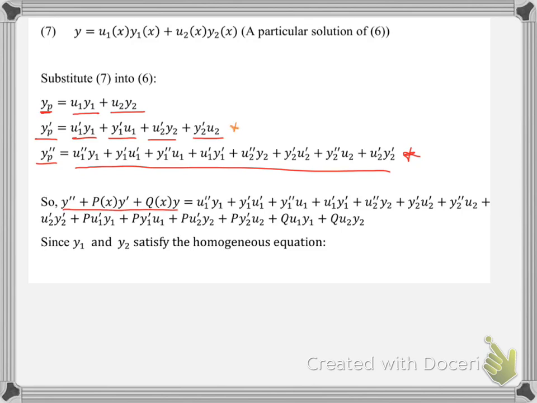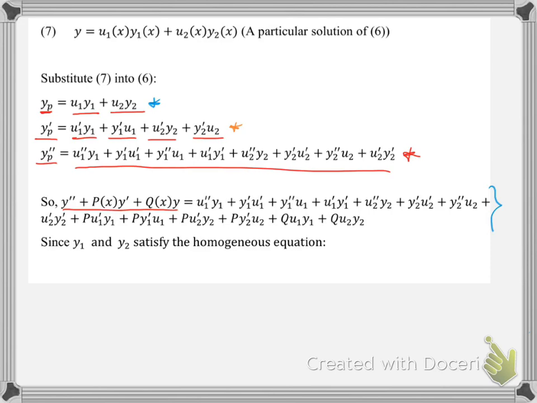And then y prime, we will multiply all those terms by p. And then y is just going to be multiplied by q. And so here is our end result here. Okay. And I didn't write everything down because I wanted us to have fun together doing this, of course.